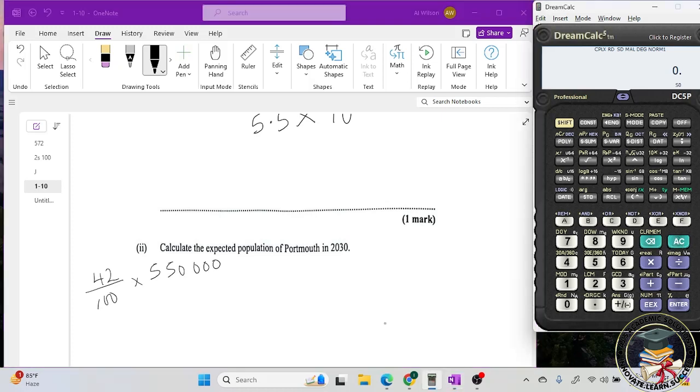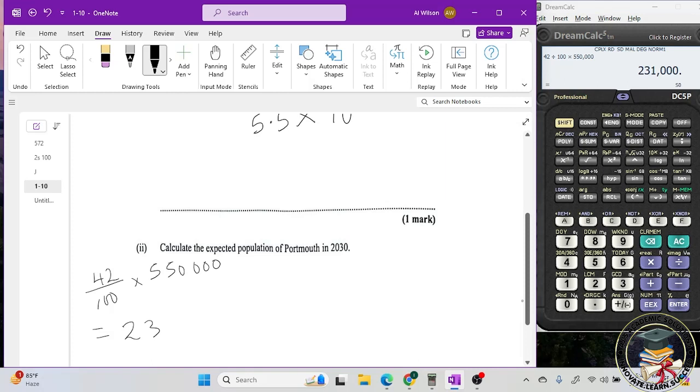Let's use our calculator for this. It will be 42 divided by 100 times 550,000. So this is actually going to be 231,000. This is how much it's going to increase, how many more persons they expect to be there.